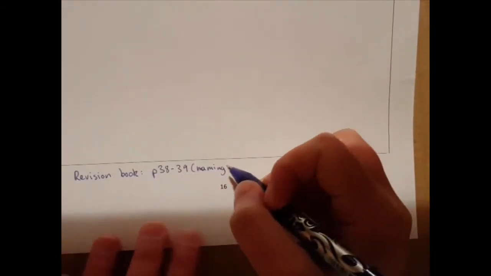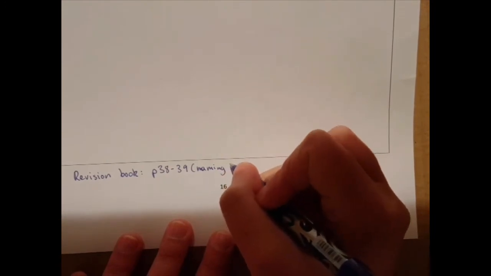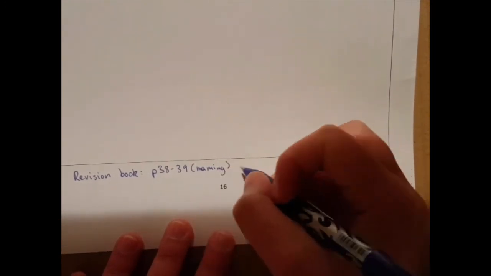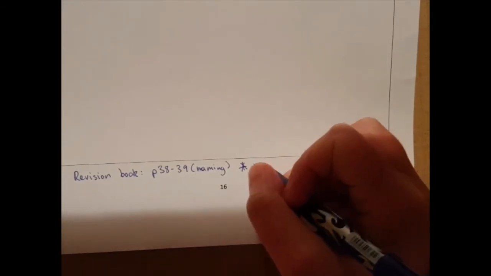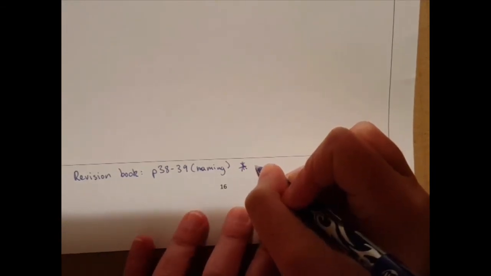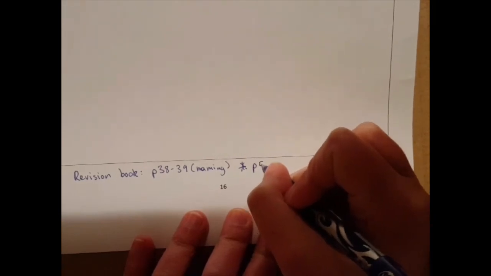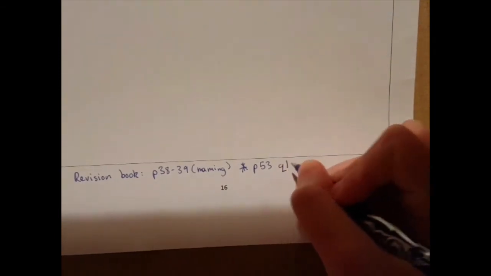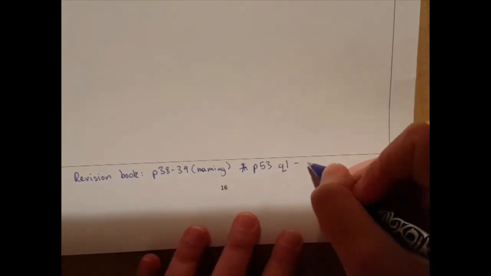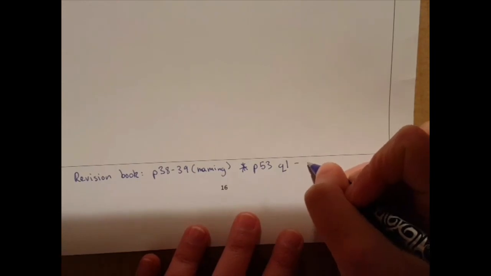Well, we haven't really done reactions, but if you want general questions on alcohols and naming, look at page 38 to 39. And then what I'd like everyone to do, just to double check your knowledge of primary, secondary and tertiary, is to try page 53. So it's a slightly different section of the book. And I'd like you just to do question 1 of that. And that's on primary, secondary or tertiary.